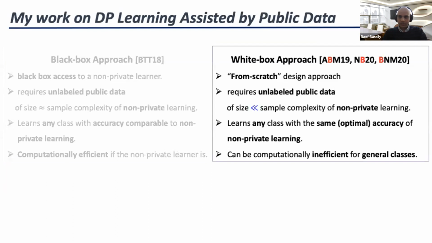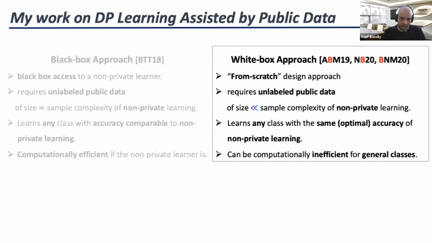The white box approach is different in the sense that we design PAP learners from scratch rather than using a non-private learner as a black box. So this approach may not be as practical as the first approach because it doesn't enable us to reuse existing non-private learners.